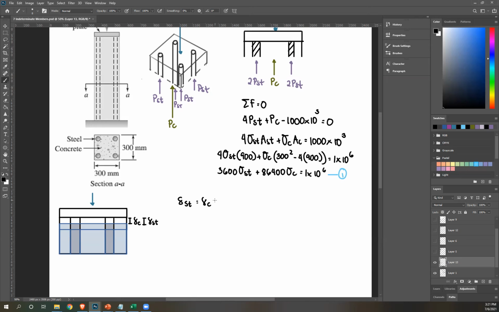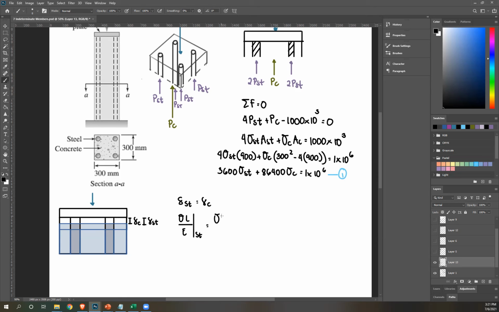Next step is to create equation for deformation. We have two equations, right? Sigma L over E and PL over AE. If I remember, we're looking for stress, so we're going to use sigma L over E. So sigma L over E for steel. Again, this just means these variables are for steel.